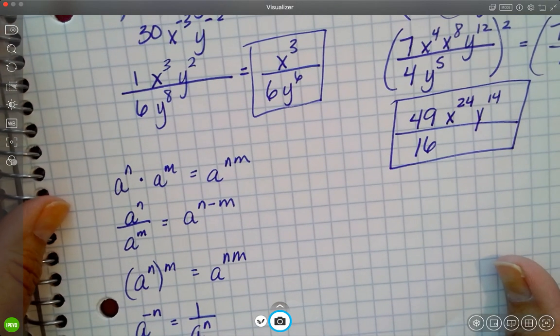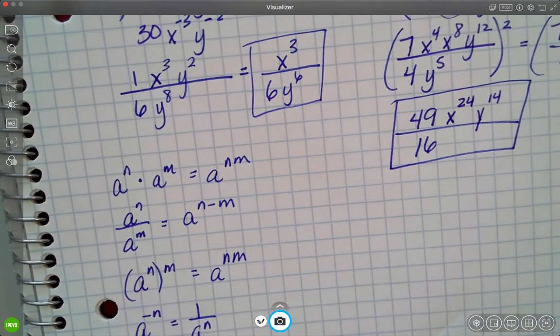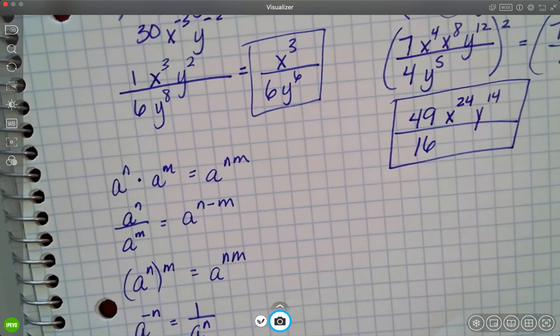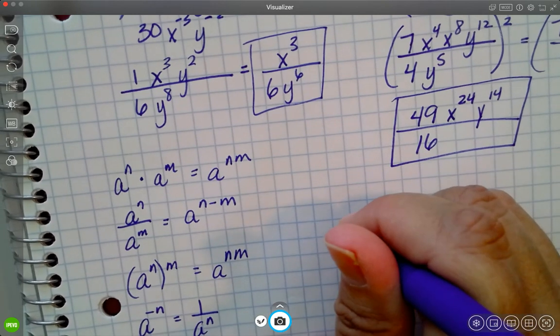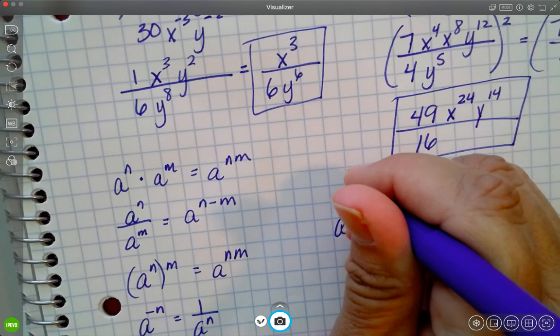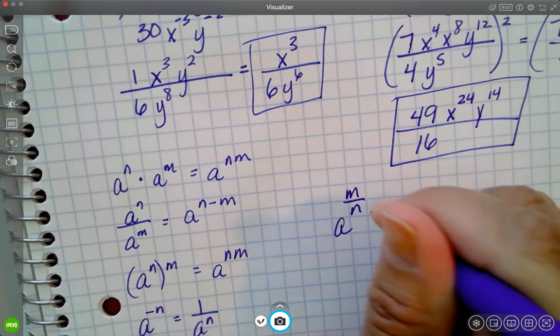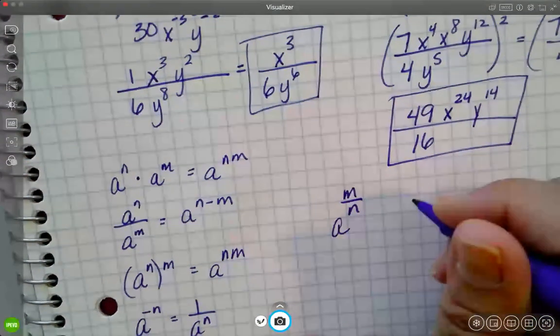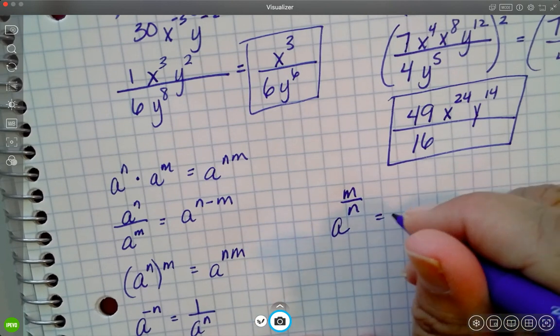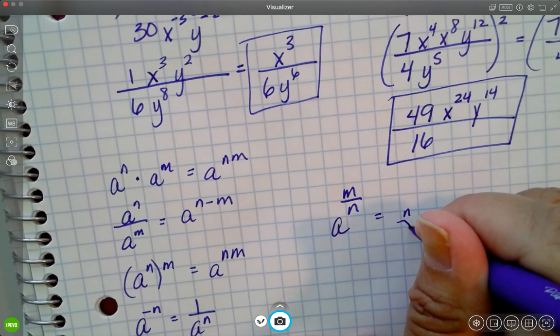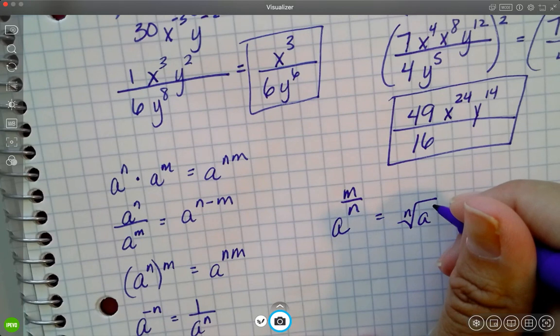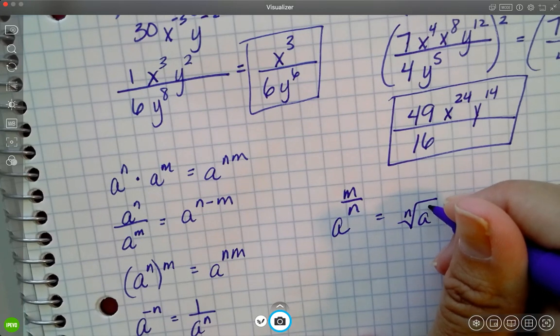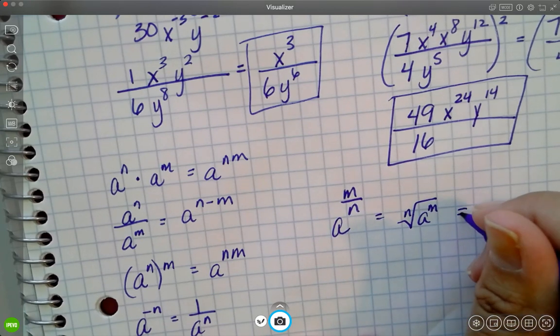Okay, and then the new rules that you have for this year are changing between exponent notation and radical notation. So if you have a rational exponent, like a fractional exponent, then the bottom number becomes the index, and the top number becomes the exponent, which is the same thing as this.